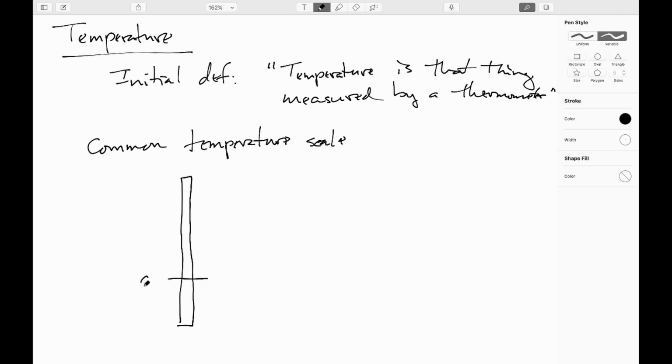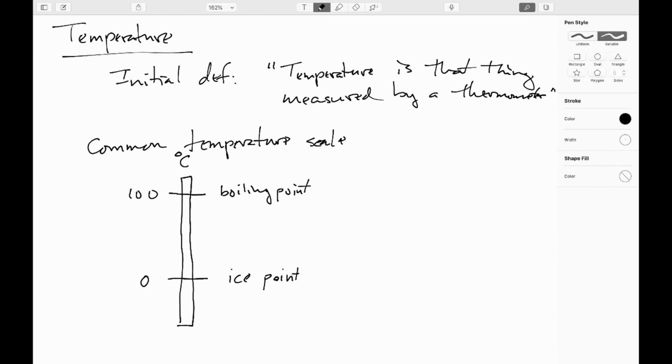For instance, we could name that 0 if we are doing the Celsius temperature scale. Ice and liquid water coexist here. We'll call that the ice point. And similarly, we can look at the boiling point of water, where the gas and liquid phases coexist. And you could give that a name, maybe 100 if we're doing the Celsius scale.